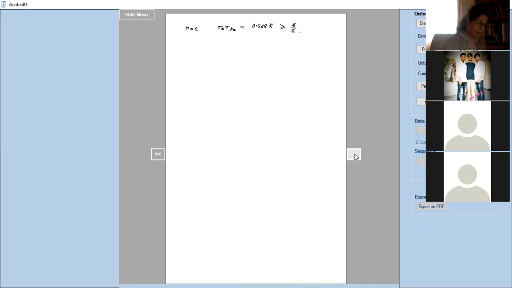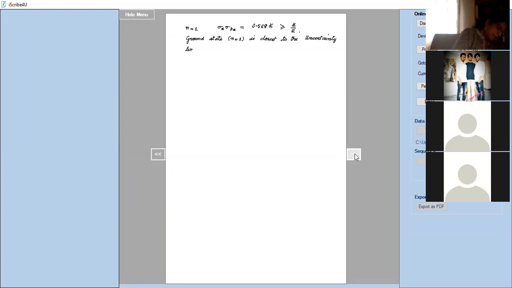And as I told you earlier, the ground state, n is equal to 1, is closest to the uncertainty limit. And this you can take as a given.